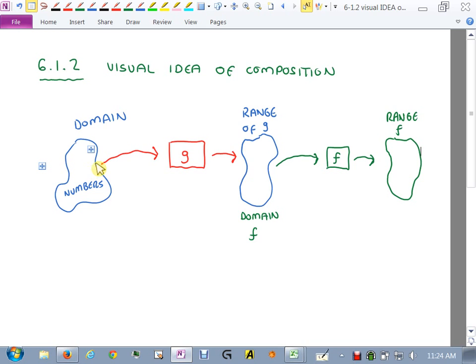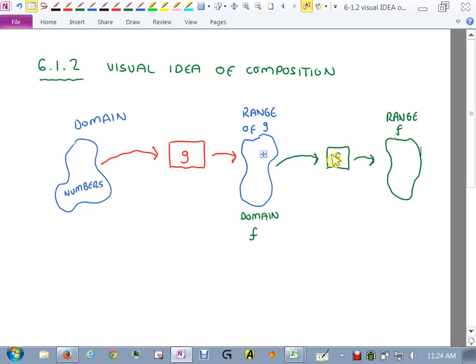All right, so that's going to go through whatever does go through. Whatever cars are allowed to go and get vacuumed, those come out the other side here. Now, those things that come out the other side are now going to try and go through f, right? f might have domain restrictions, right?